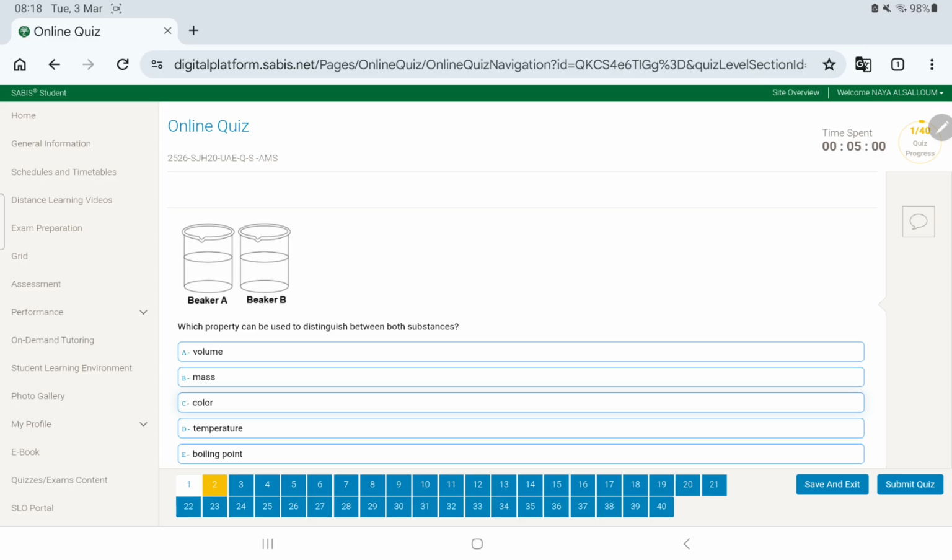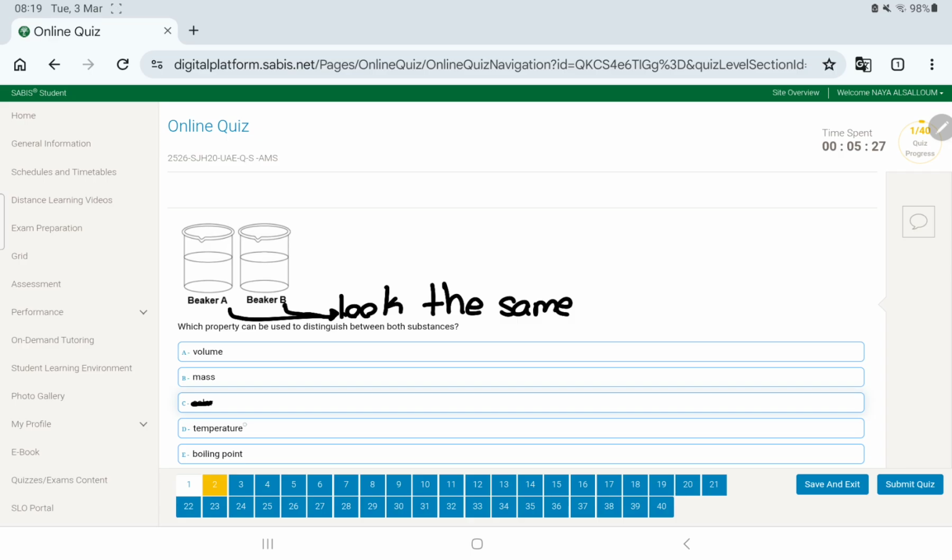So, these two substances, they said that they look identical. So they look the same, right? So if they look the same, which one do we eliminate first? We're gonna eliminate color, because you can't distinguish between them using the color if they clearly look the same.